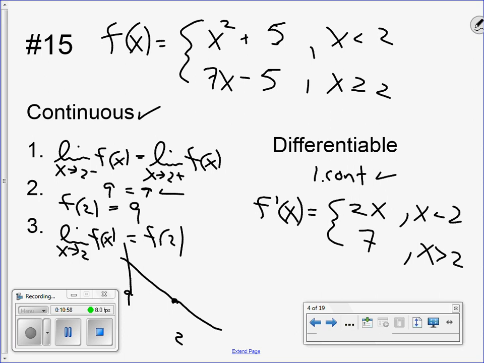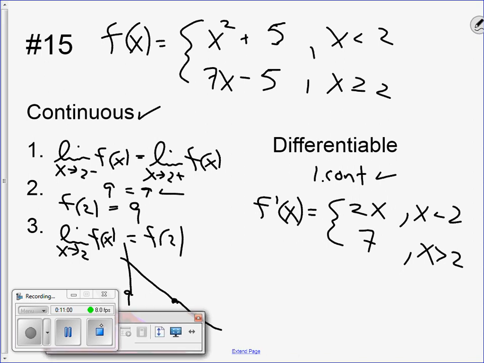So, let's just do the same thing. Let's look at the slope, the limit of f prime of x, as x approaches 2 from the left. What's the slope going to be as you get closer and closer to 2 from the left? 4, right? Because it's 2 times 2.